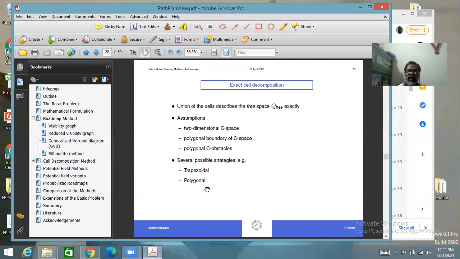Either you can have polygonal cells, then you will have the condition that they have to be convex. Triangles are always convex. Otherwise, you can have a special kind of polygon that is trapezoidal. Trapezoidal has an advantage because you can operate with coordinate directions. So let us see one example of a trapezoidal exact cell decomposition.